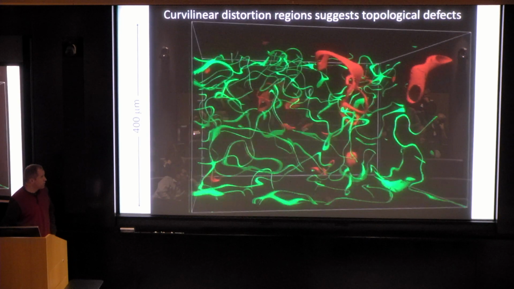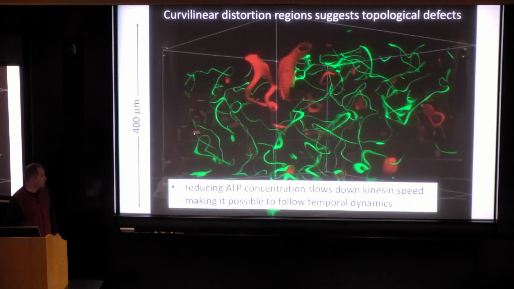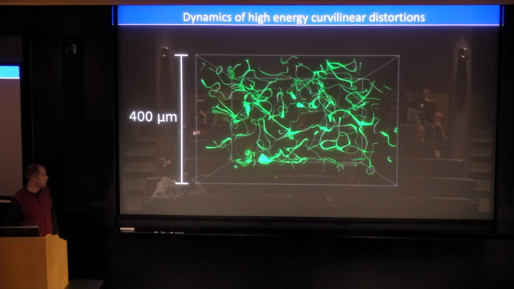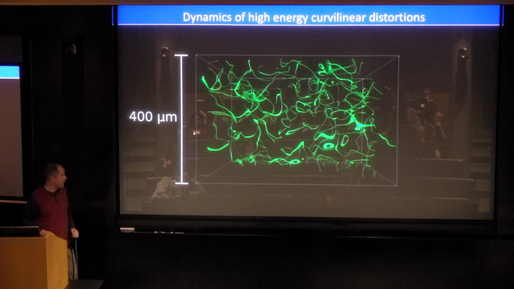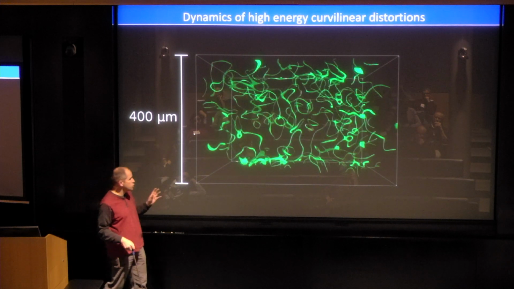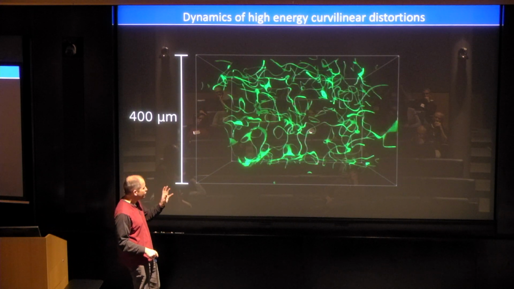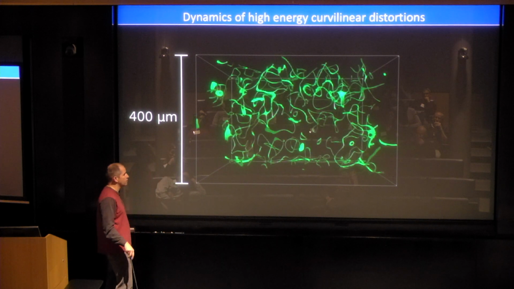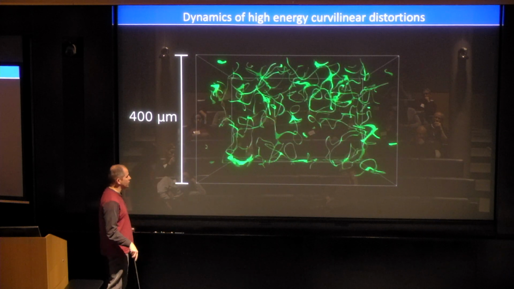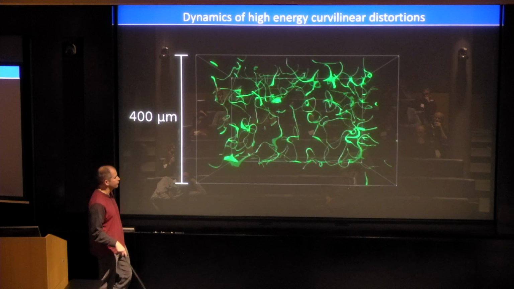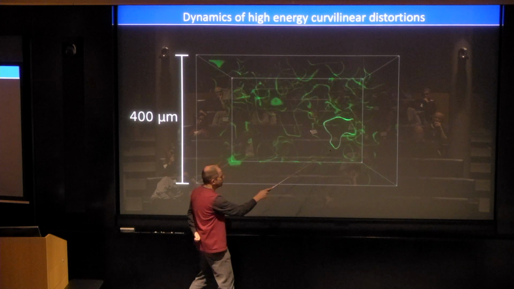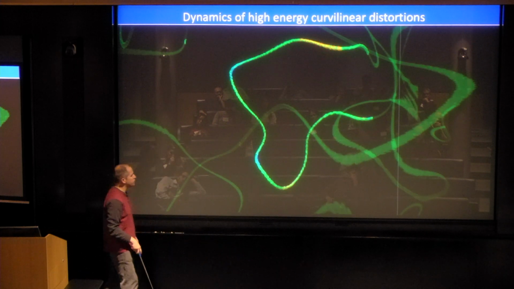But moreover, you can then reduce the ATP concentration and see how these structures evolve in time, right? And so, for example, that's what happens here, right? Again, our temporal resolution is right at the point where you can start to follow the dynamics of these structures that we observe in three-dimensional data, right? So, for example, we'll focus on one of these high-energy distortion regions.